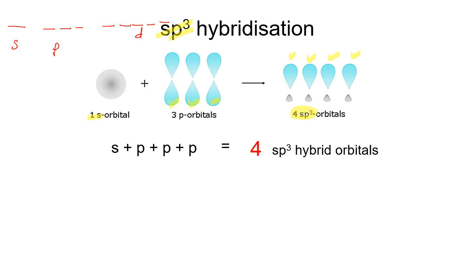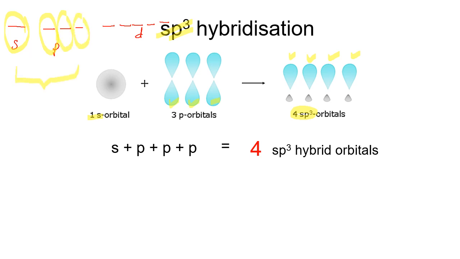So when you are mixing together to form this sp3 hybrid, you are mixing one s orbital with 3 p orbital, 1, 2, 3.